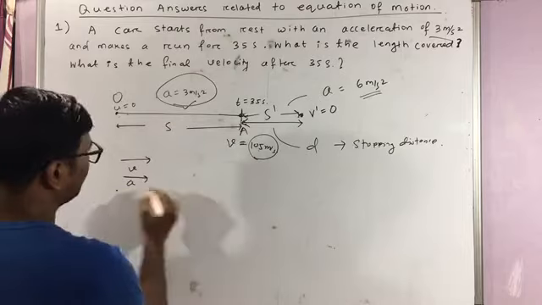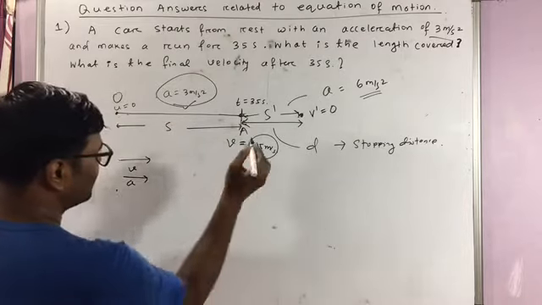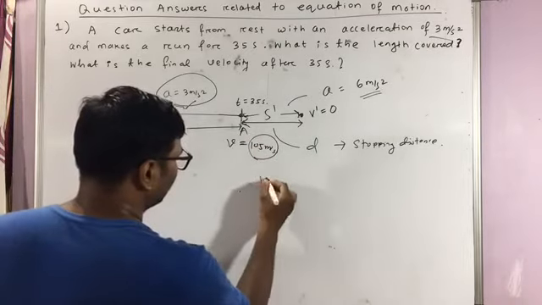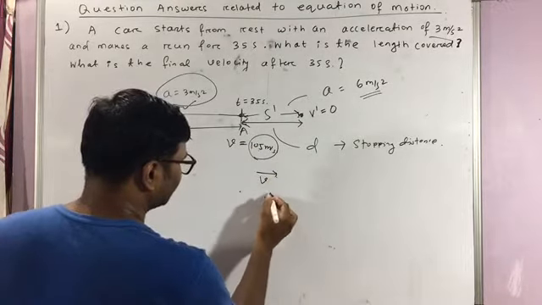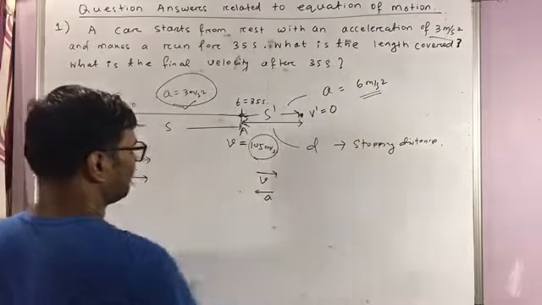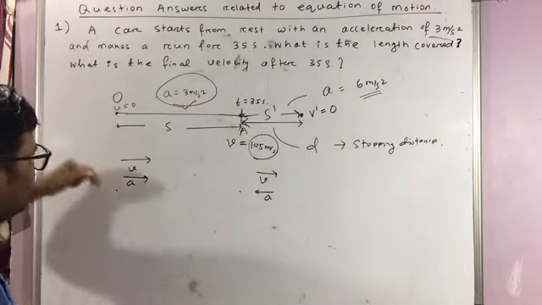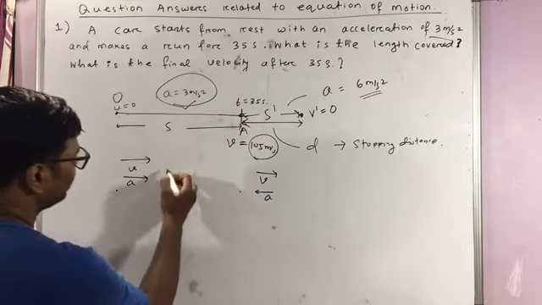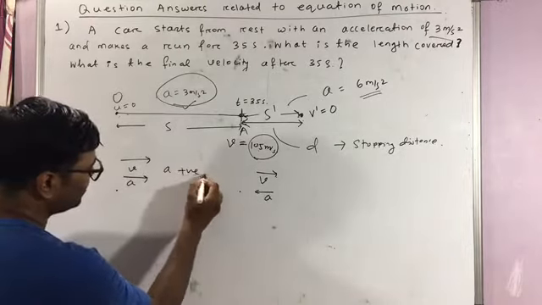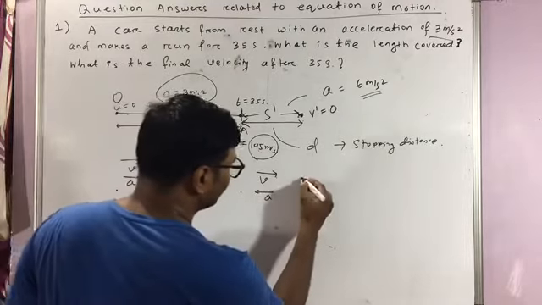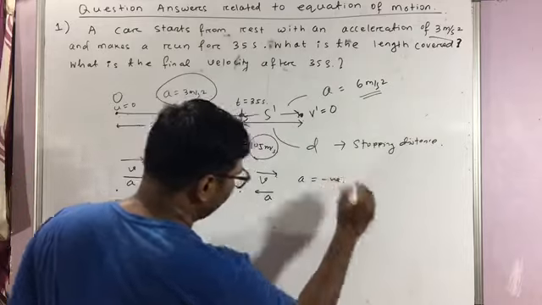Once you have started applying the brake, your velocity is in this way and acceleration is directed opposite, from here to here. So since velocity and acceleration are in the same direction, you take acceleration positive. And in this case velocity and acceleration are opposite, so you take acceleration to be negative.